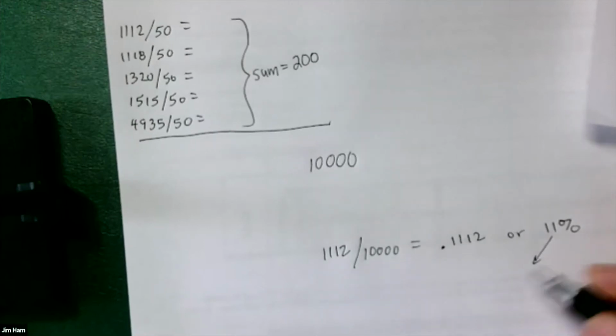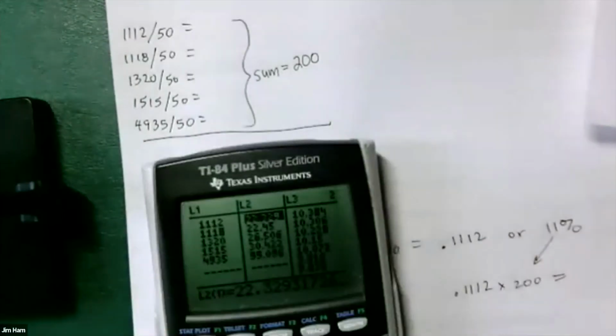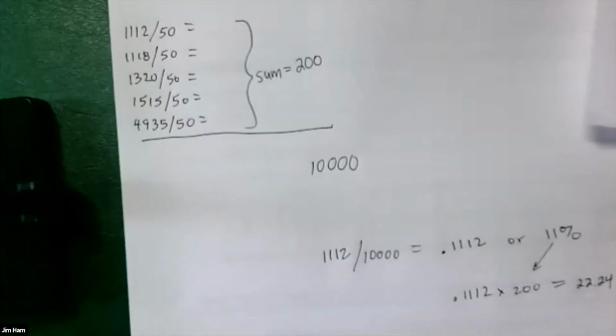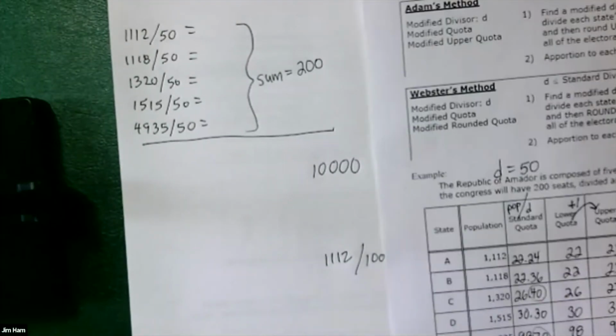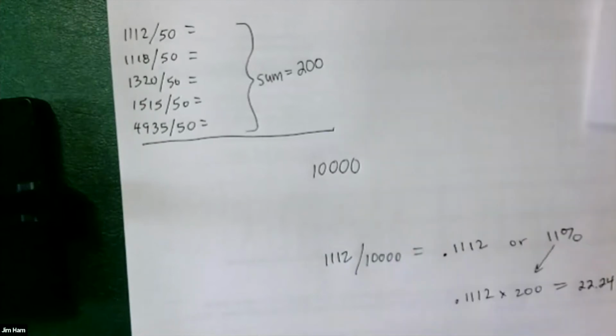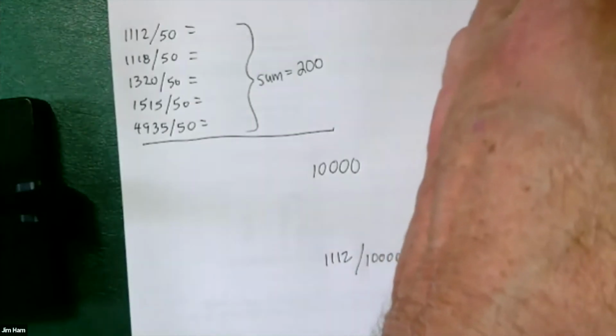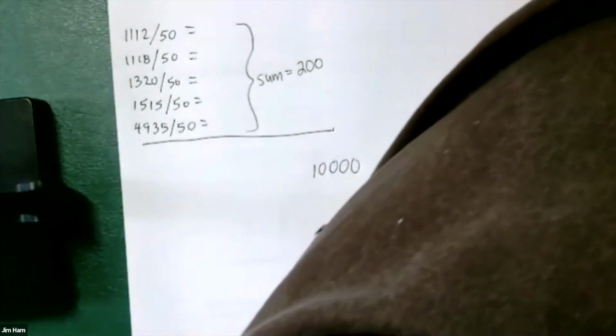So if we take 0.1112 and multiply by 200, they should get about 22.24 votes. So this is another way to think of how you calculate the standard quota, 22.24. It's just proportional. It's the fair way. You should be allocated votes based on the proportion of the population that's in your state.